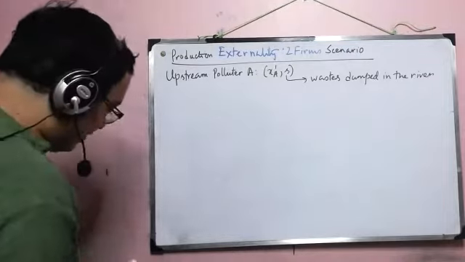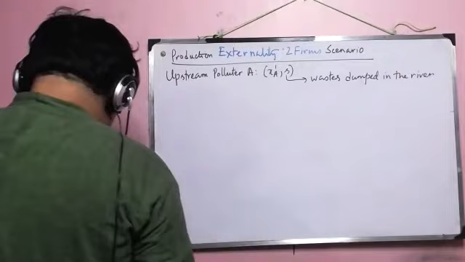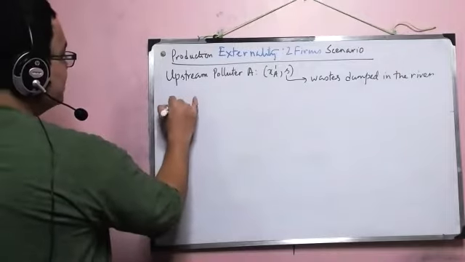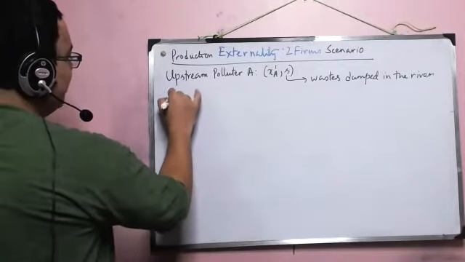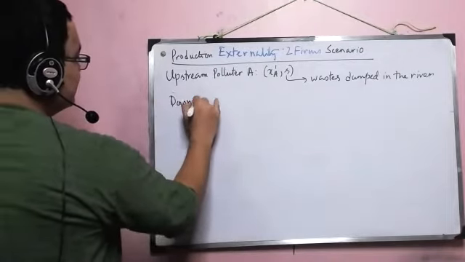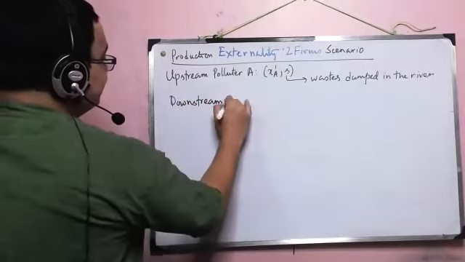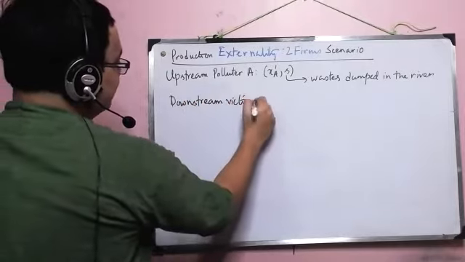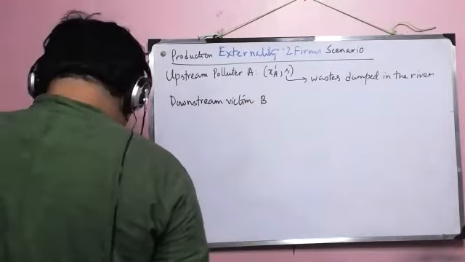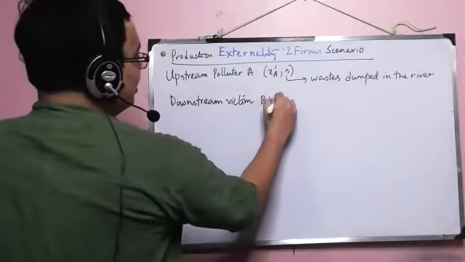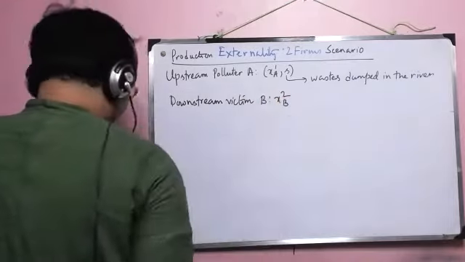Today we are going to try three kinds of solutions. Somebody is polluting the river in the upstream, and obviously there is a downstream victim, some farm B who is meant to produce XB2.